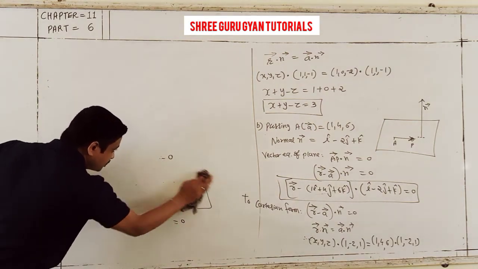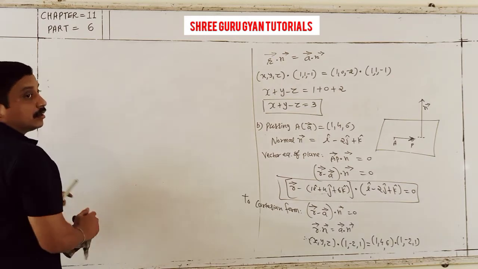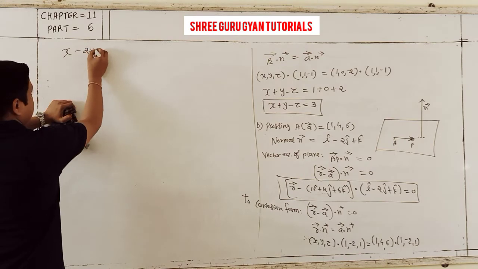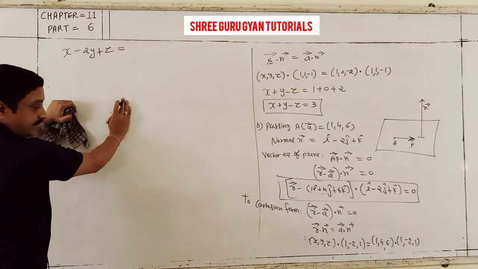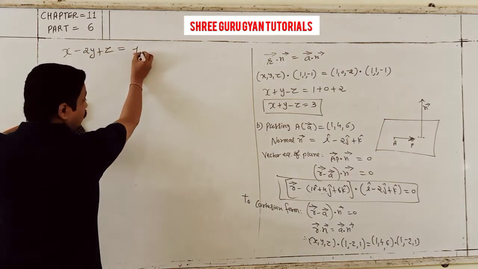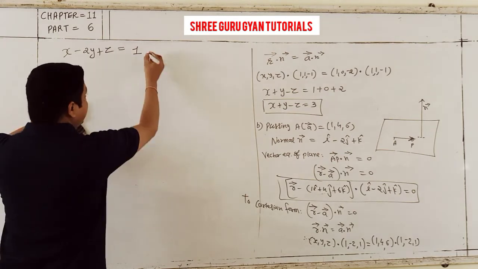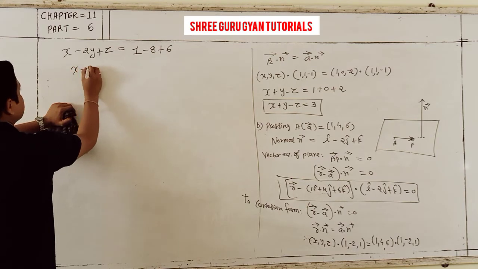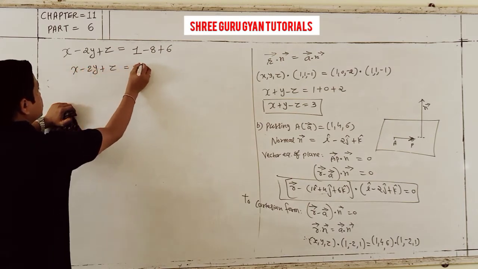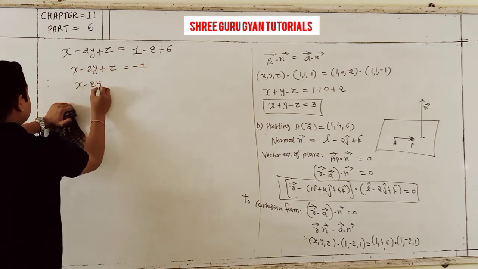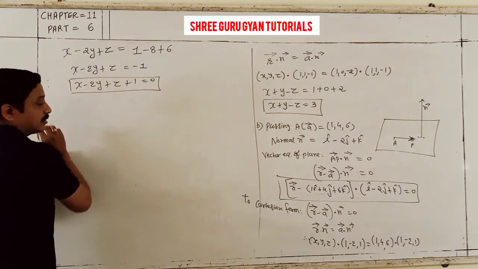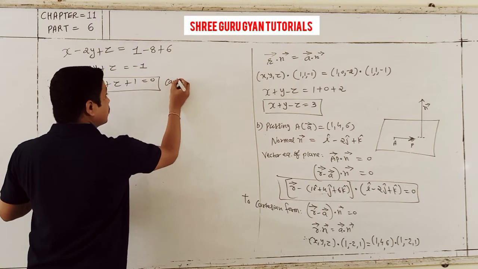So I will show just in the dot product. So 1x minus 2y plus z is equal to 1. Now 4 times 2 is 8, and last 6 times 1 is 6. So x minus 2y plus z is equal to minus 1. x minus 2y plus z plus 1 is equal to 0. That's your Cartesian equation of plane.